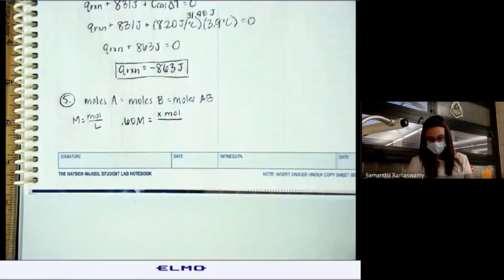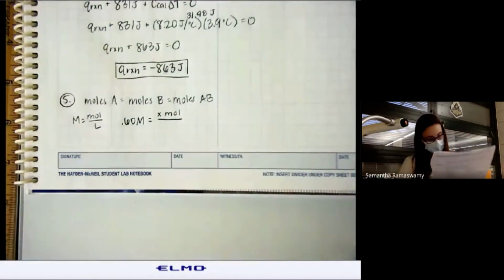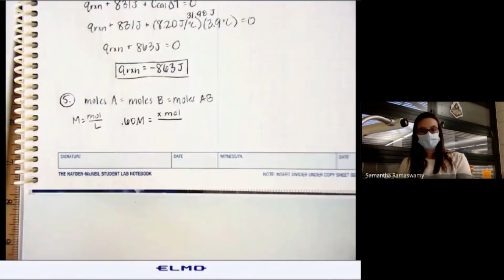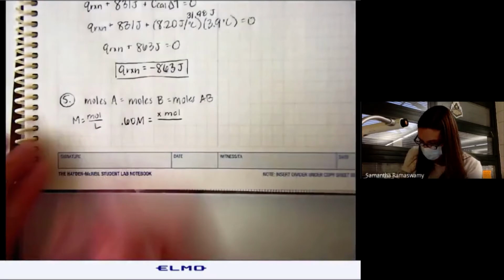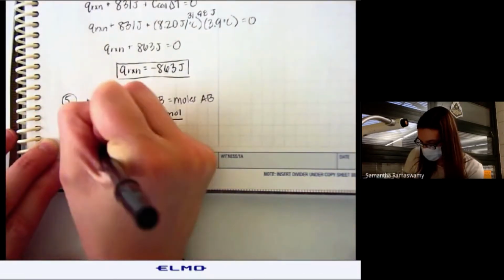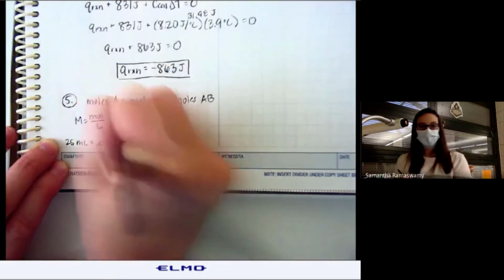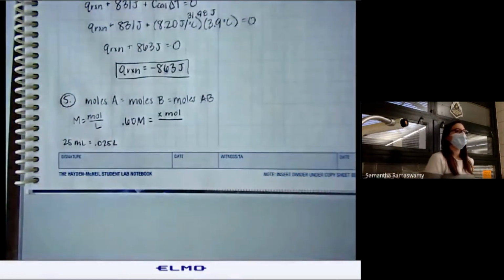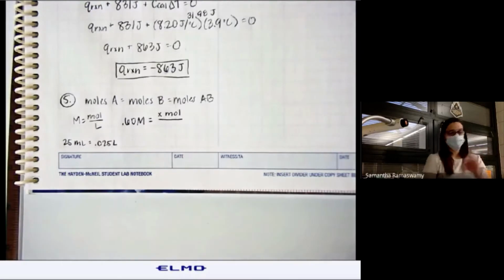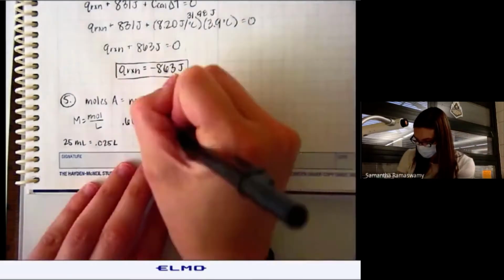If you look back at question 3, it was 25 milliliters of each. So just a quick reminder that 25 milliliters is 0.025 liters. If you remember that, you don't have to write that down. I'm just writing as much down as I can to help us remember. It has to be in liters to plug it in.